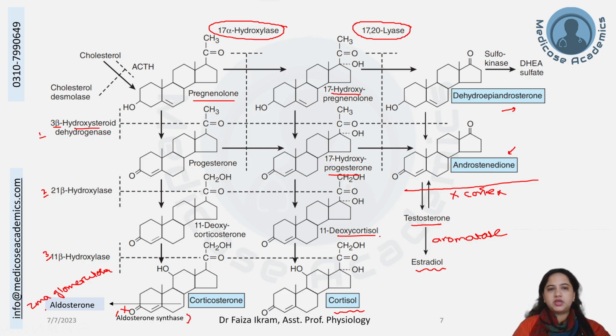Because once we discuss the enzyme deficiencies, if 17 hydroxylase is absent, you can simply guess that aldosterone will be produced, but glucocorticoids and androgens will not be formed. Another example, if 21 beta hydroxylase is absent, this can go, but ultimately these steps will not be happening. So if you have a mind map of where these enzymes are in this pathway, you can tell the deficiencies and the symptoms of the enzyme deficiencies.